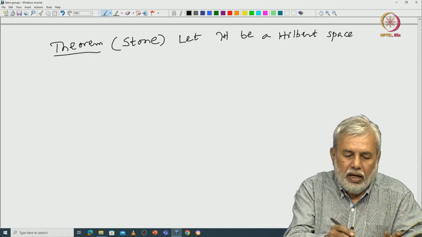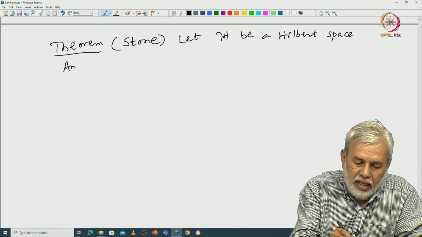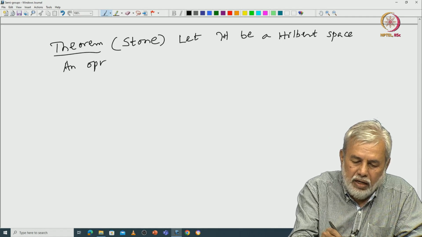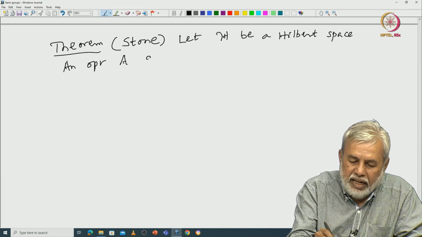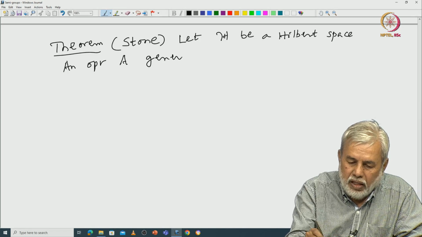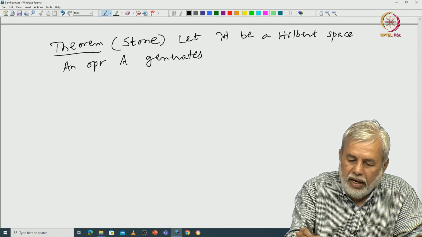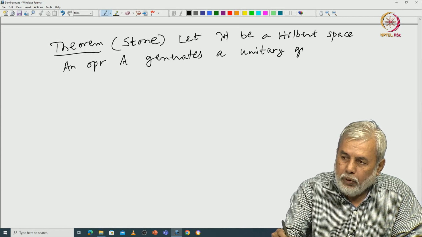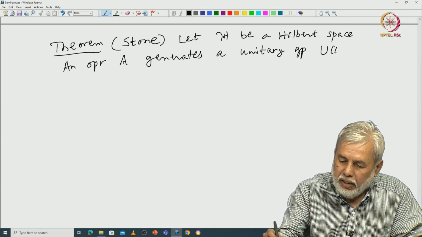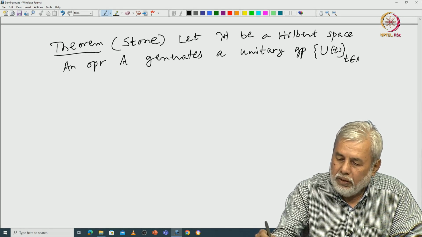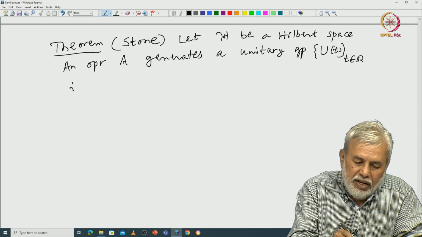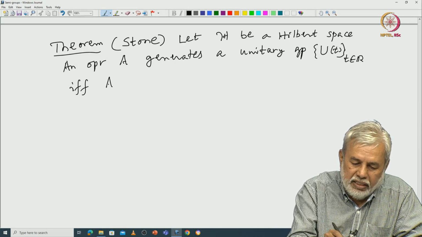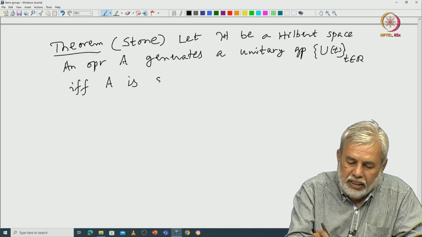An operator A generates a unitary group U_t, t belonging to R, if and only if A is skew adjoint.